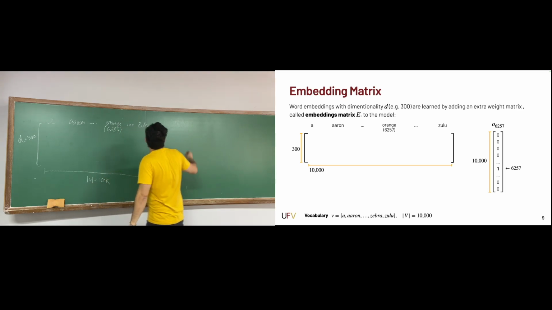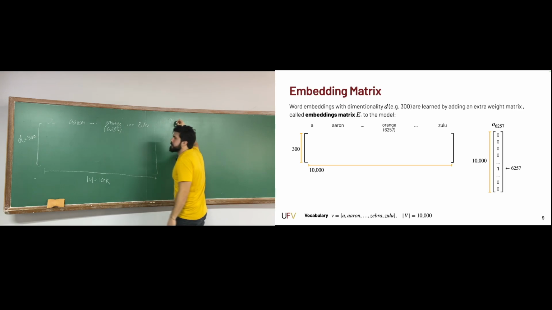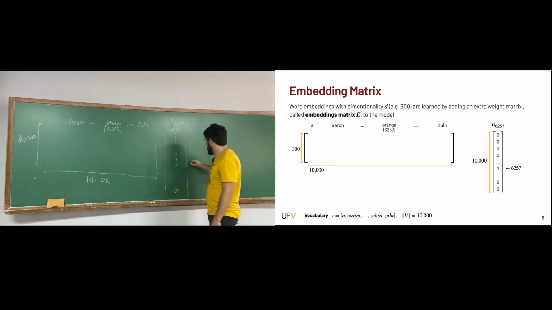And let's just keep the one-hot version of the word orange here, just so we can do an example. So the one-hot vector of the word orange would be full of zeros and have a 1 here, and then a lot of zeros.